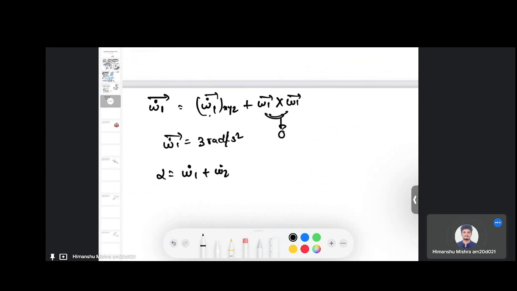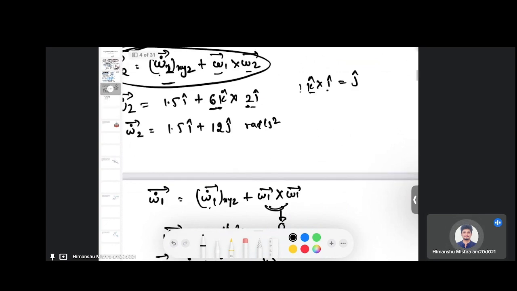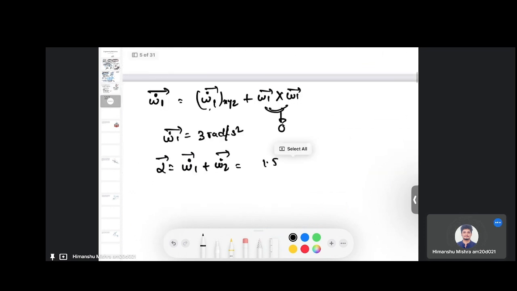Then the resultant angular acceleration is 1.5i plus 12j plus 3k rad per second square. So this is my angular acceleration.